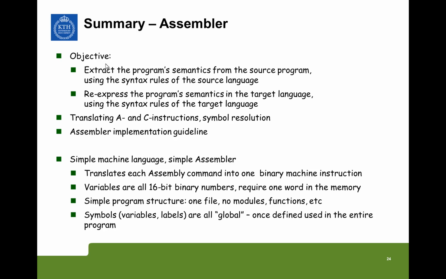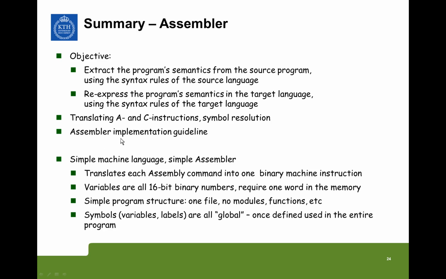In detail, it means to extract the program semantics from the source program using the syntax rules of this source language and re-express the program semantics in a target language using the syntax rules of that target language. In the case of an assembler, we translate from assembly to machine language. It means translating A instructions, translating C instructions, and handling the symbols defined in the program.